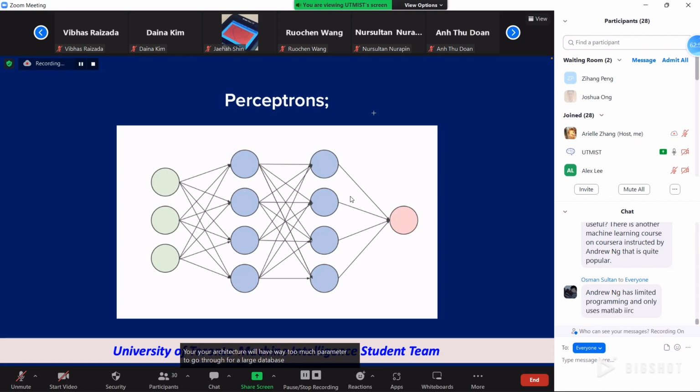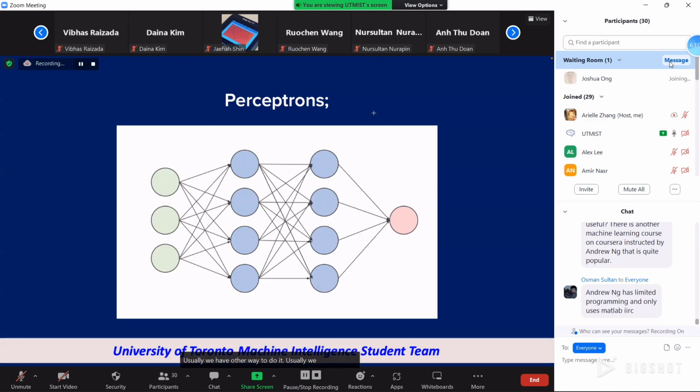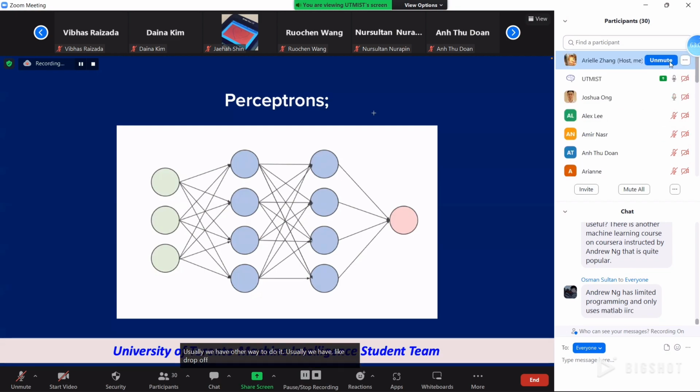In that case, you have to ask what you should do to increase algorithmic efficiency. Usually we have other ways to do it, like dropout, and we also have other smart ways to increase the efficiency of the algorithm.